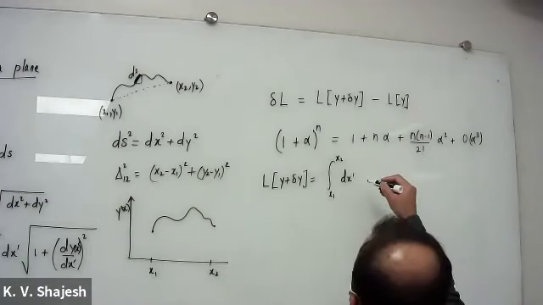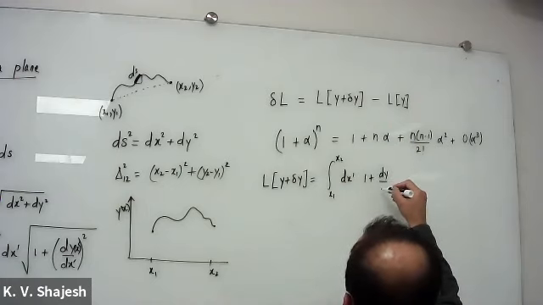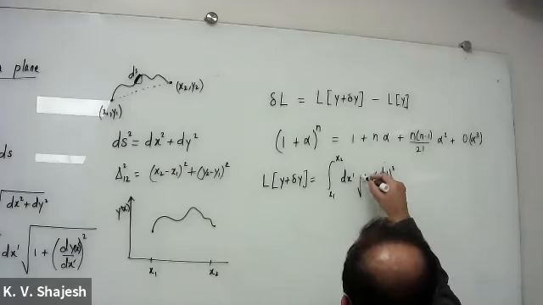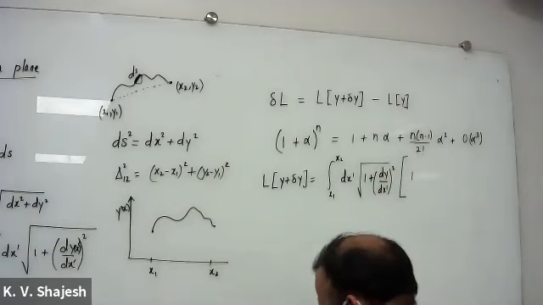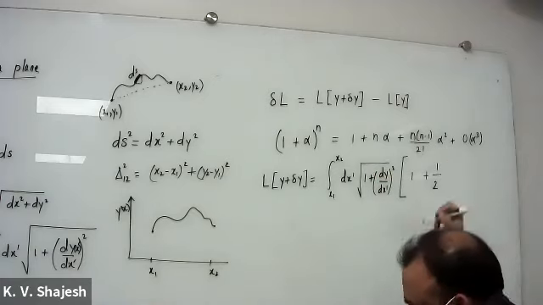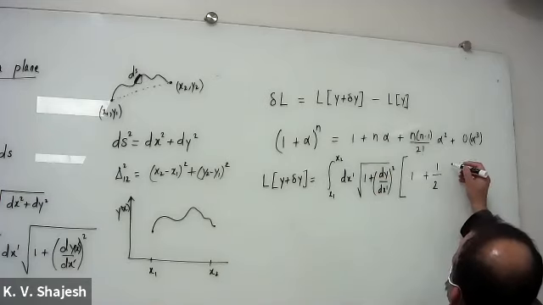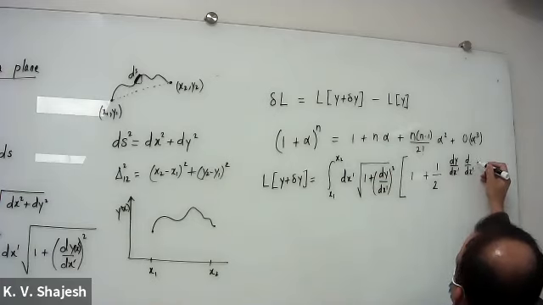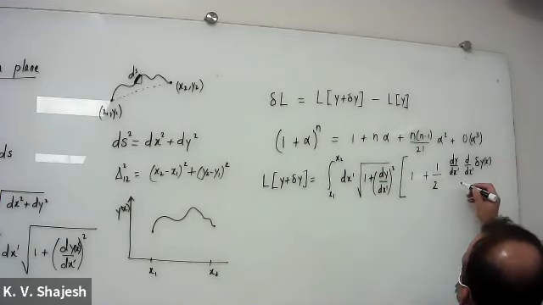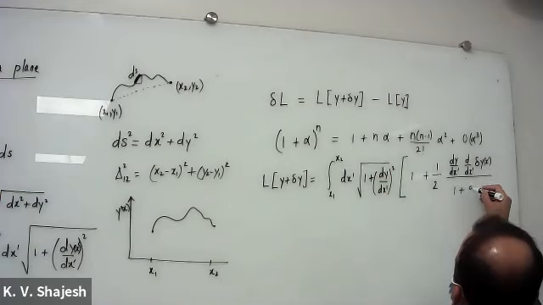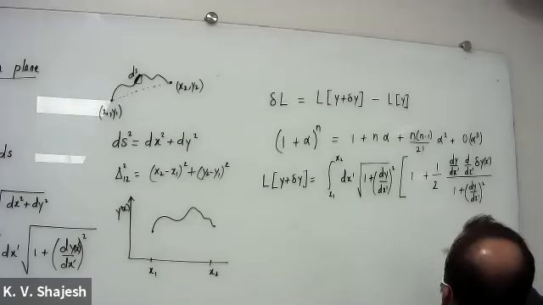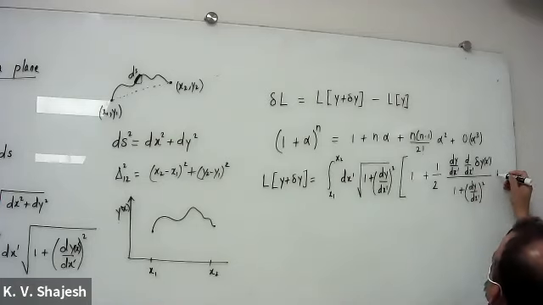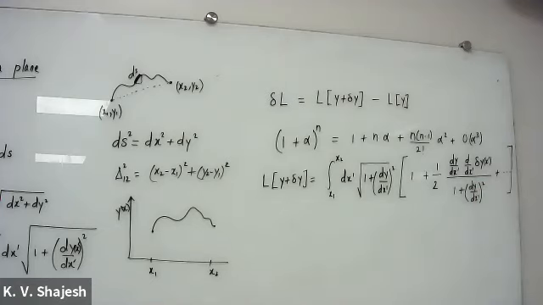The first term is simply 1 plus dy by dx prime whole square, that's 1, and now plus 1 by 2, and this whole thing, dy by dx prime, d by dx prime times delta y of x prime, divided by 1 plus, and you can say the next term will contribute. Any questions there?